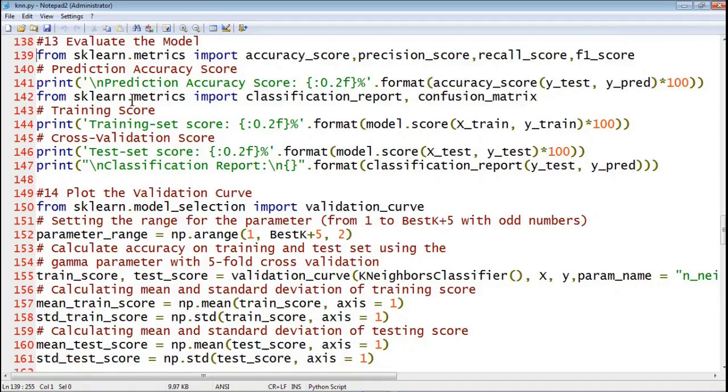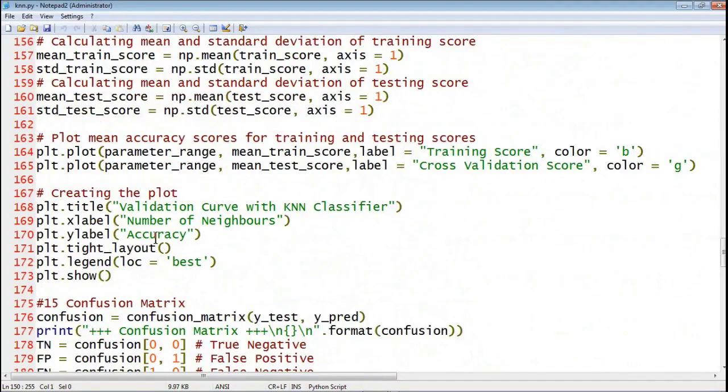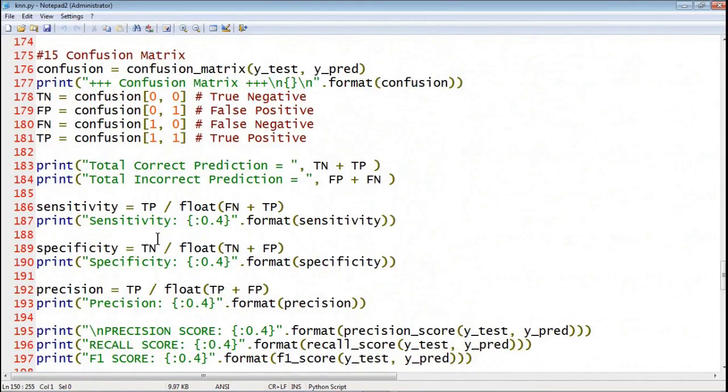At lines 139 to 147, it evaluates the model. At lines 150 to 173, it plots the validation curve. At lines 176 to 197, it computes the confusion matrix.